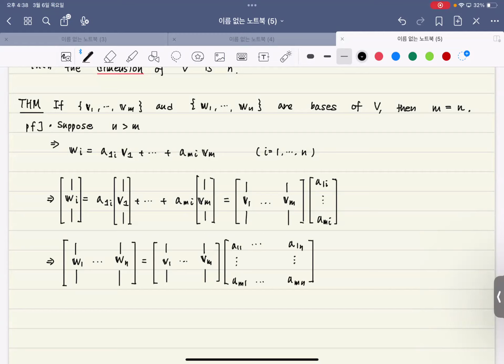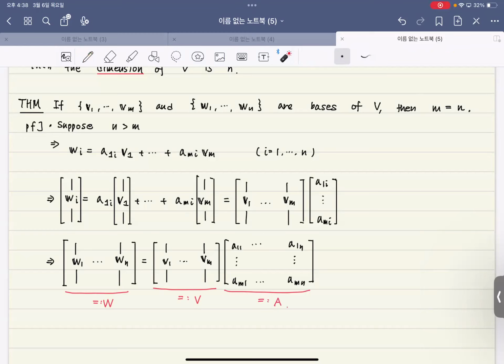So I just end up with this matrix multiplication. I want to say this is matrix W, and this is matrix B, and this is matrix A.